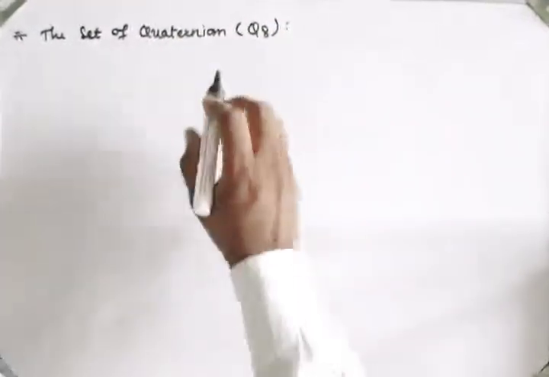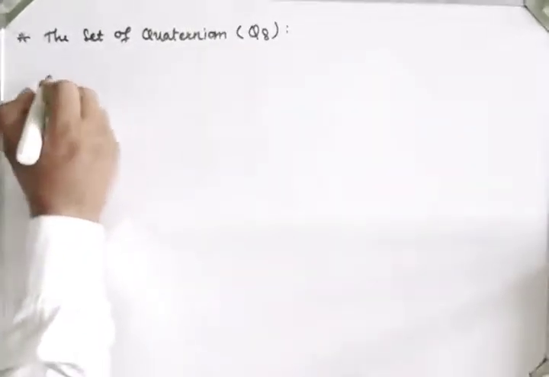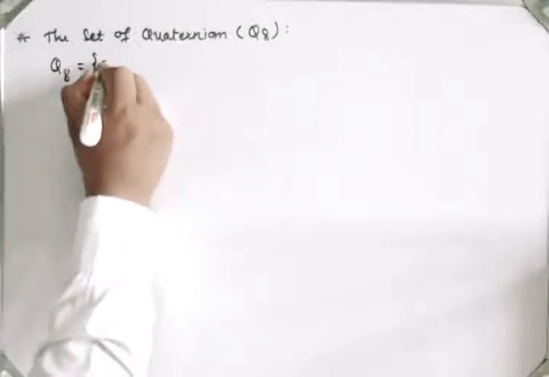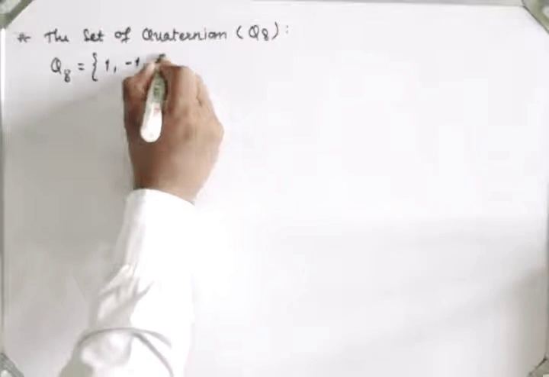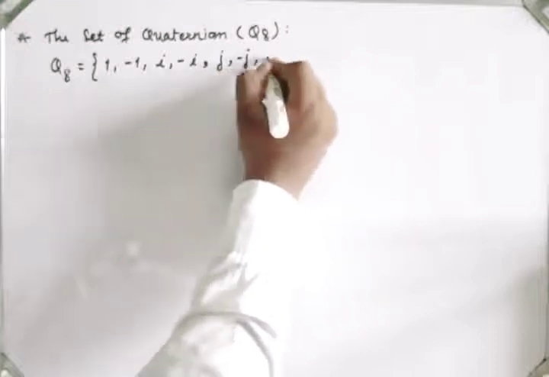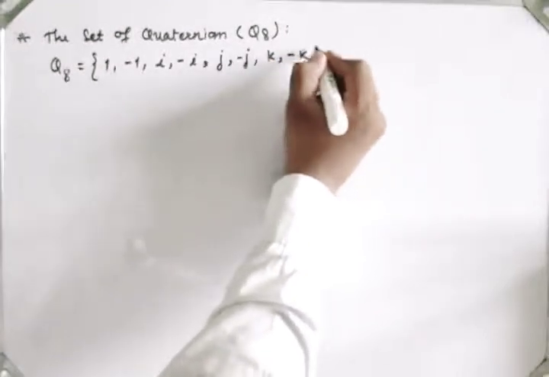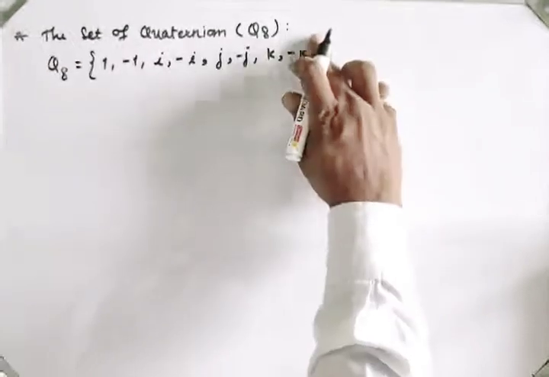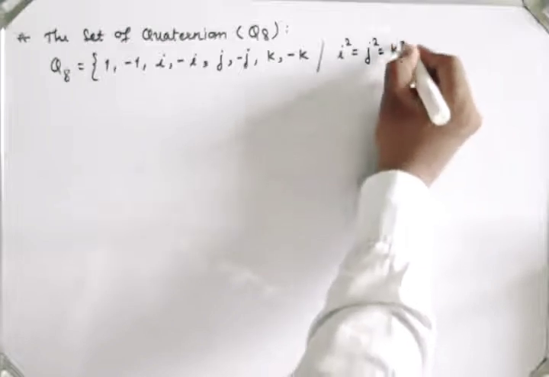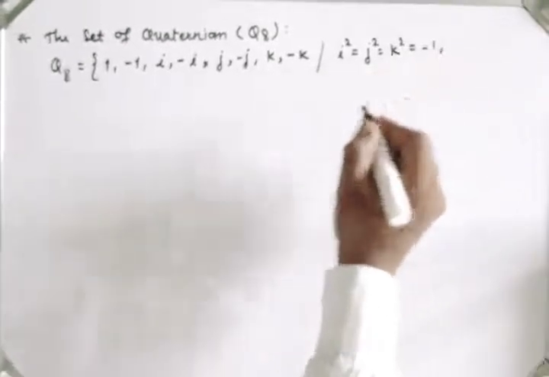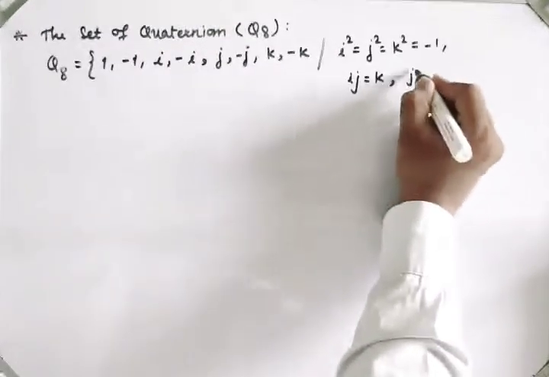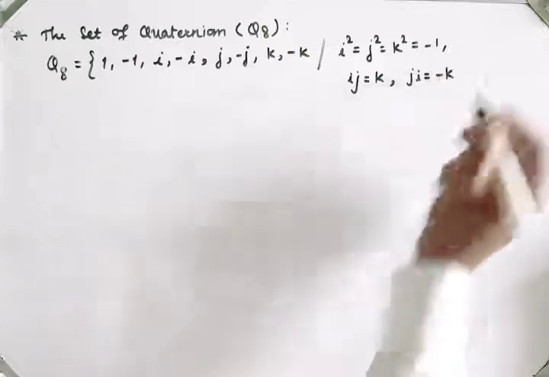In this set there are a total of 8 elements: 1, minus 1, I, minus I, J, minus J, K, minus K, whose property is I square is equal to J square is equal to K square is equal to minus 1, and I into J is equal to K, and J into I is equal to minus K.